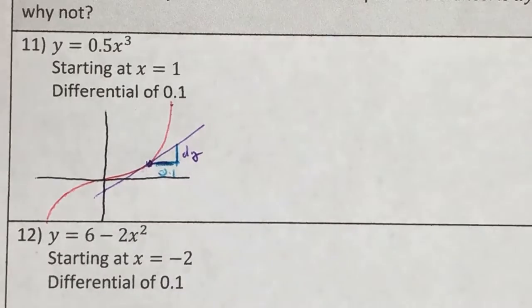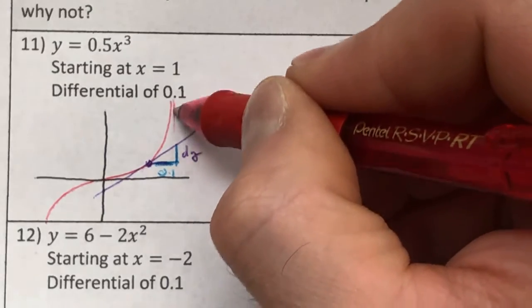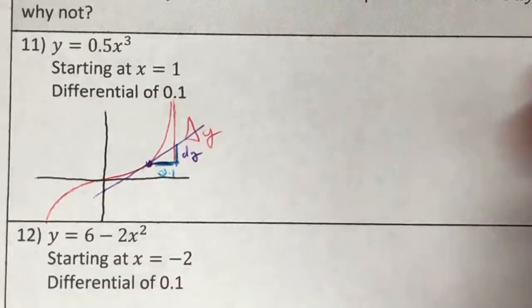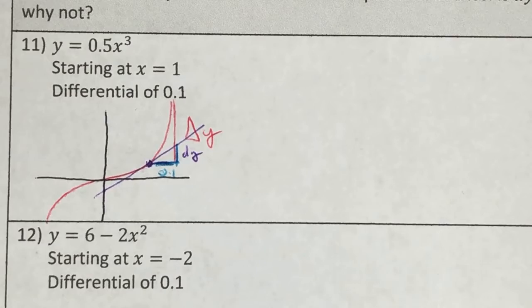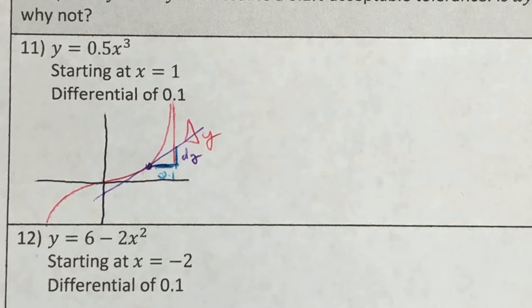Now the problem with that is the actual change is going to be this. So this is going to be delta y. And notice that the actual change is much bigger than the expected change. So we want to make sure that that difference is no more than 0.1%. So let's go ahead and figure out how we would do that.